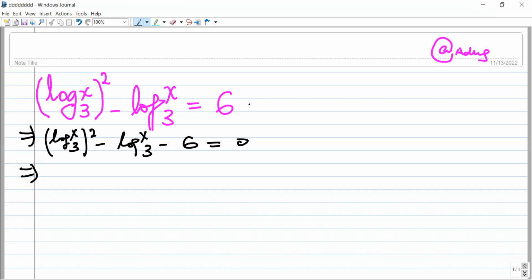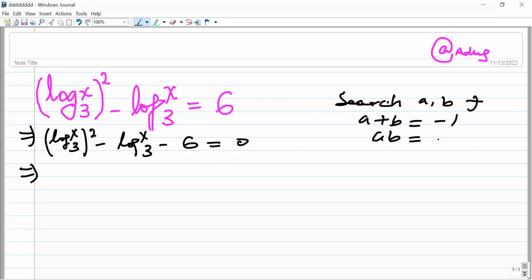Mathematically, we search for numbers a, b such that a plus b is equal to -1 and ab is equal to -6. So what are those numbers?